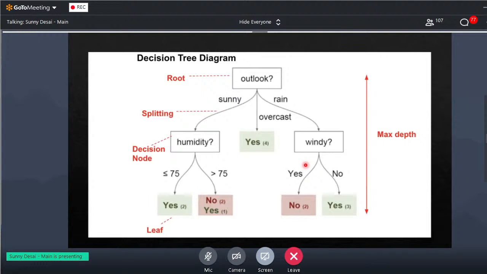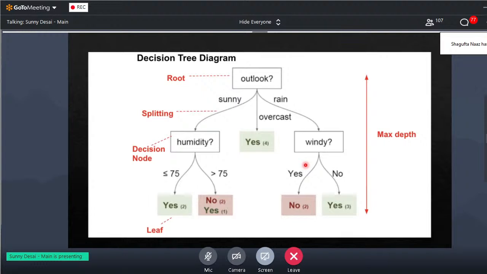But if the weather is sunny and the humidity value is more than 75, then my friend is not going to come and play with me. So now you can predict in advance. You don't have to go to your friend and ask, are you willing to come and play with me? You will look outside whether it is sunny, overcast, or raining, what the humidity level is, and what the wind speed is.